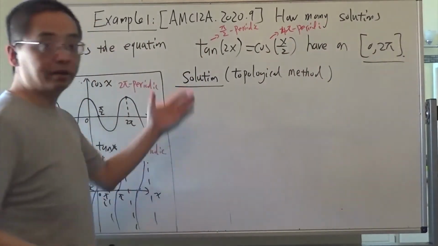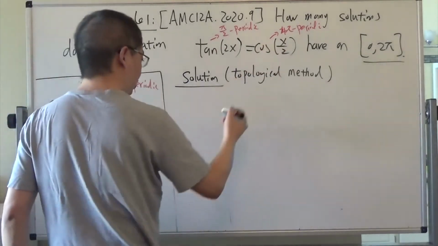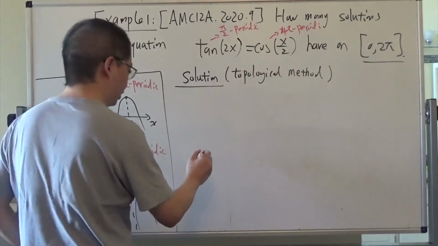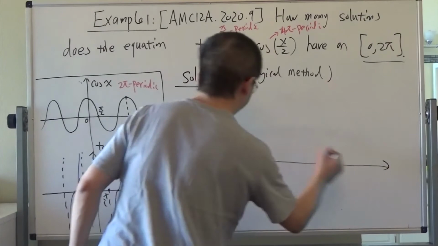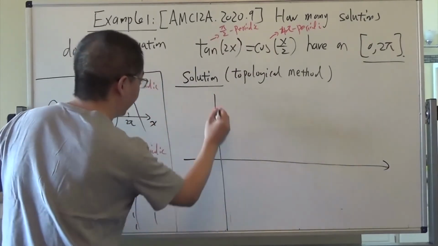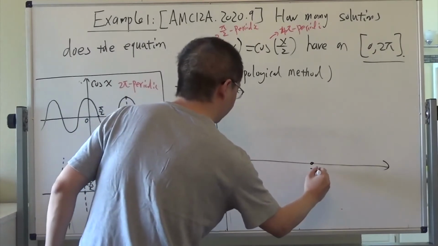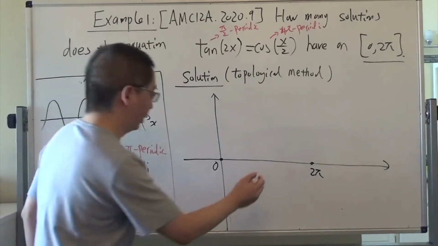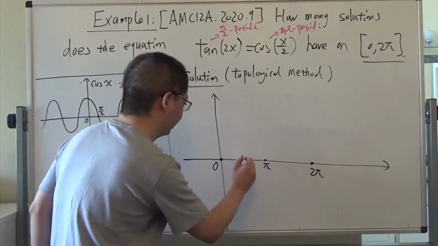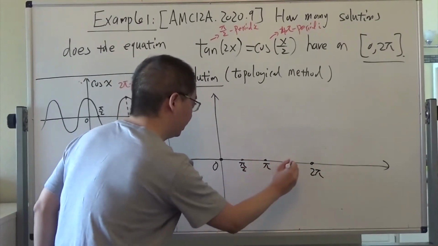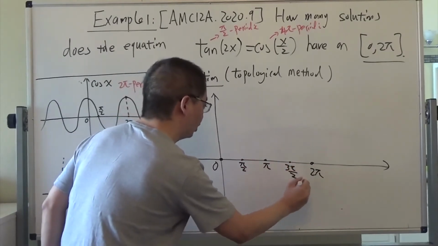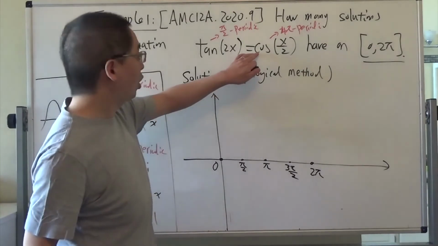Now let's draw the graph of cosine x over 2 and the graph of tangent 2x. Okay. So here is from 0 all the way to 2 pi. Here we have pi and pi over 2. And this is 3 pi over 2. Now, let's first draw the cosine x over 2.